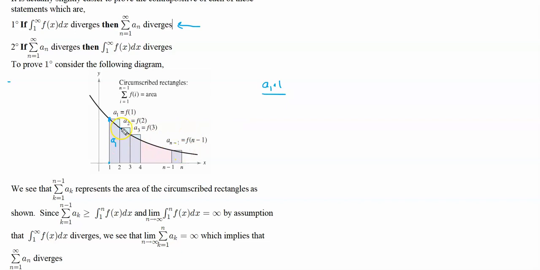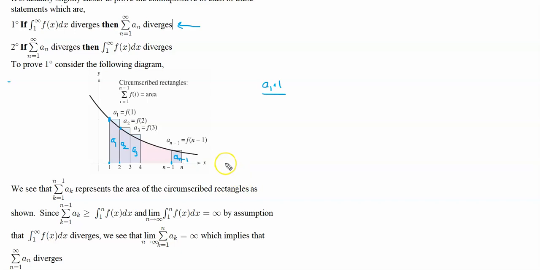The area of the second rectangle is a2. The height is a2, or f of 2, and the width is 1 again. This rectangle is a3, and all the way down. If that's the point n minus 1 on the x-axis, this rectangle has area a n minus 1.